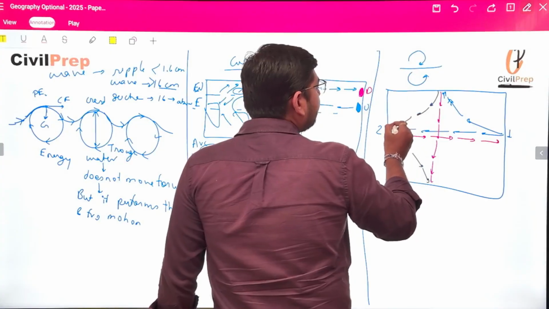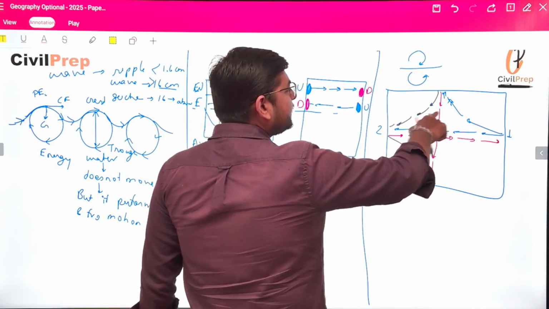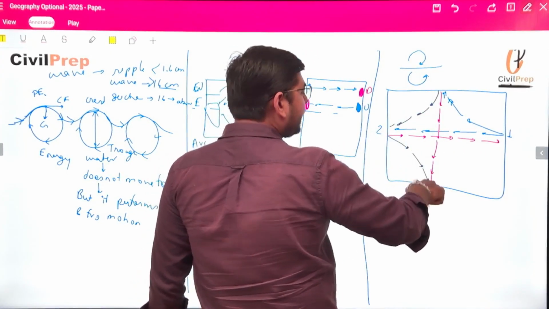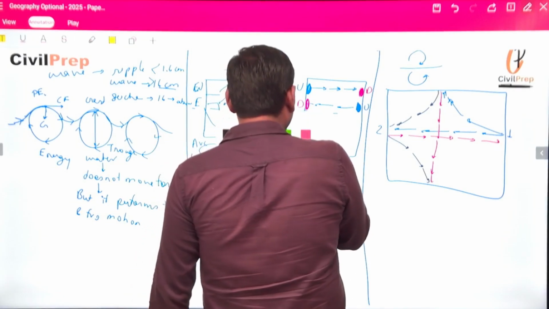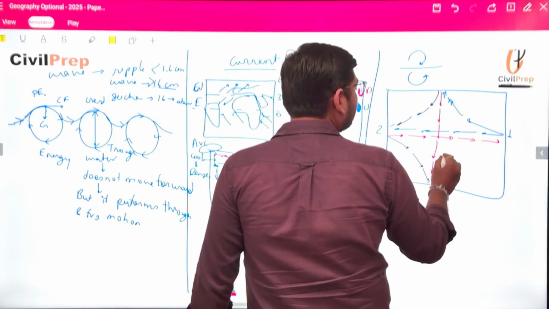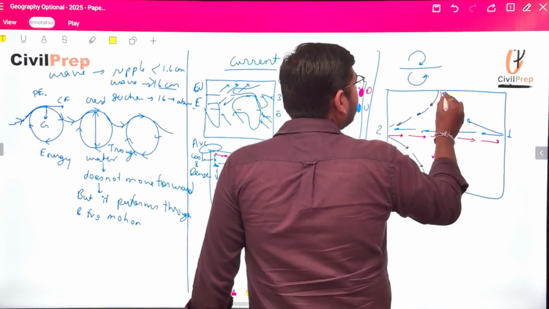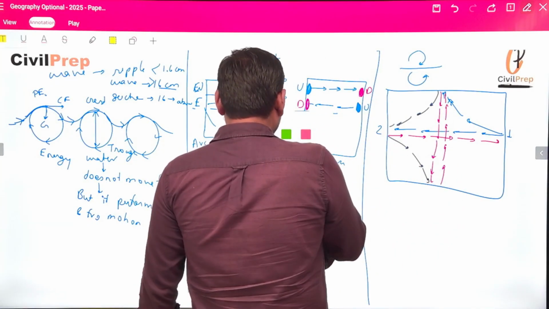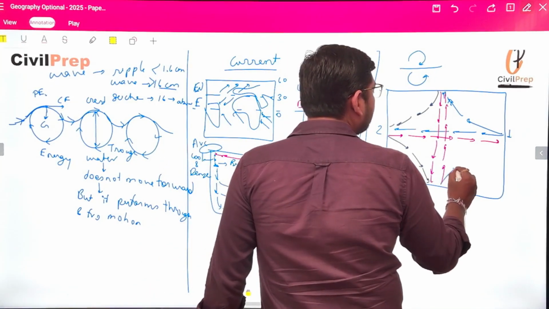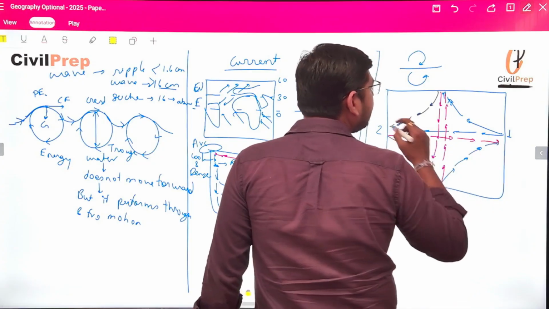Okay? So these waves will have a certain lag, and after this point, they will be deflected back here, and it will reach this point. But here we have the Coriolis component also, and it will reach this point again.